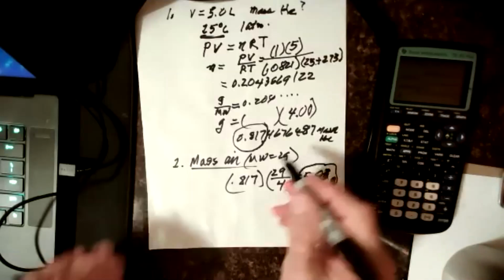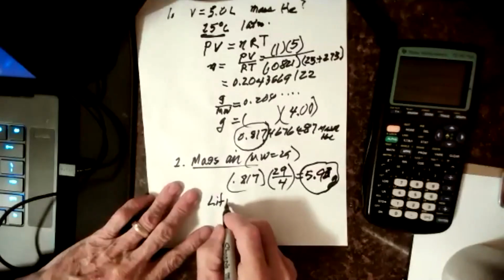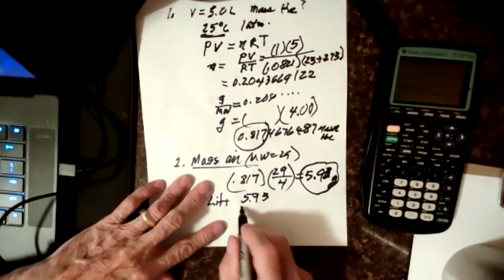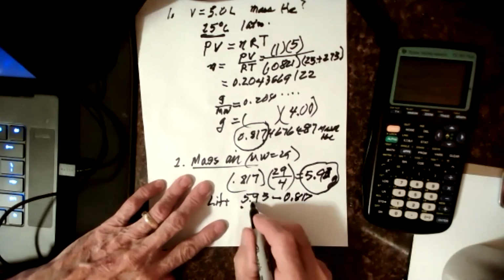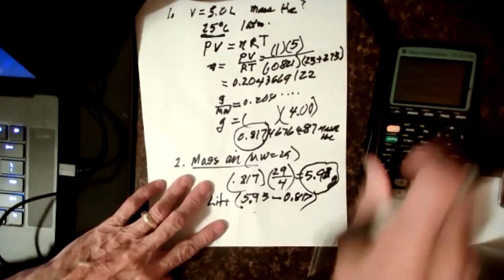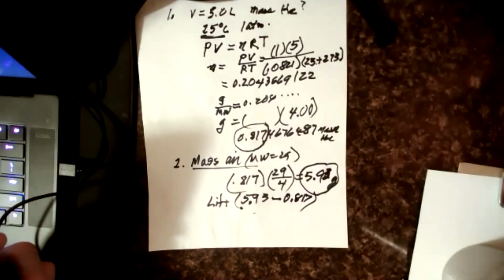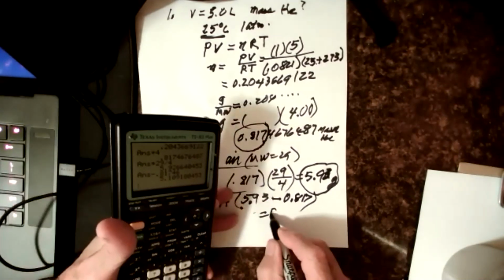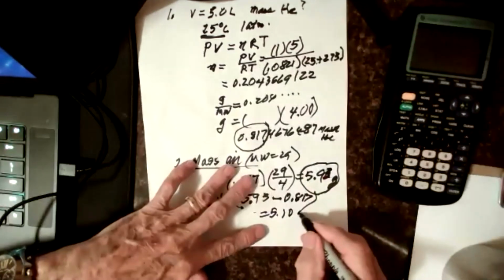And now the difference between those two, the lift, would be 5.93 minus 0.817. So if I take that number minus 0.81746, a bunch of digits like that, I get the lift would be a little over 5 grams, 5.10 grams. So that would be the lift.